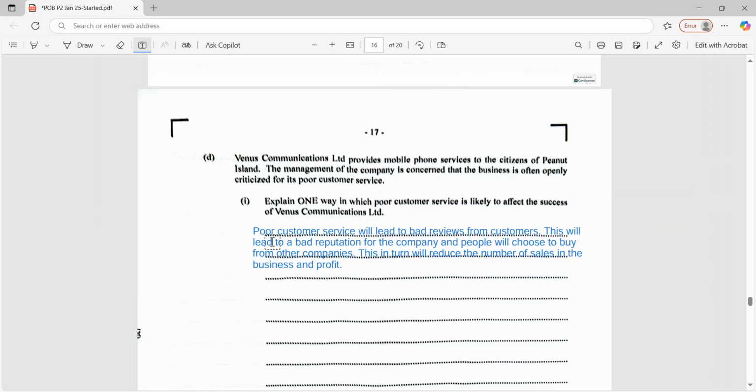If you see a company with only 1 star and everybody's saying something bad about it, it's going to give the company a bad reputation, and therefore you're not going to want to buy from the company. Similarly, this will lead to a bad reputation for the company and people will choose to buy from other companies. This in turn will reduce the sales of the company and also its profits.